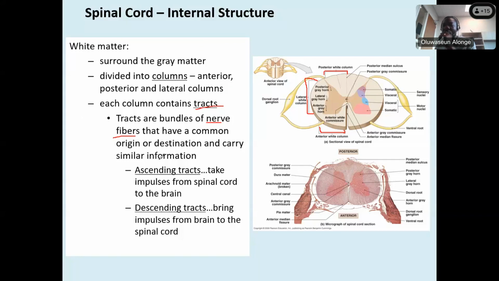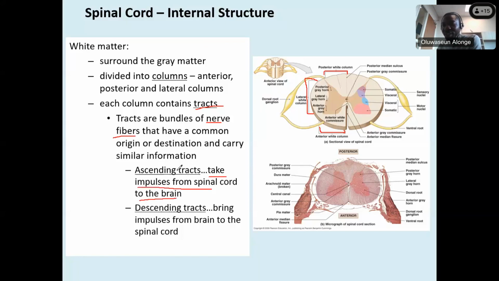Now, we have the portion that we call the ascending tract. What the ascending tract does is take information from the spinal cord to the brain.